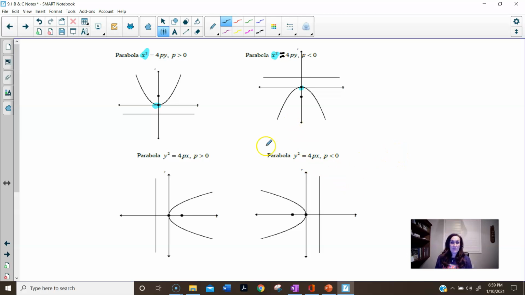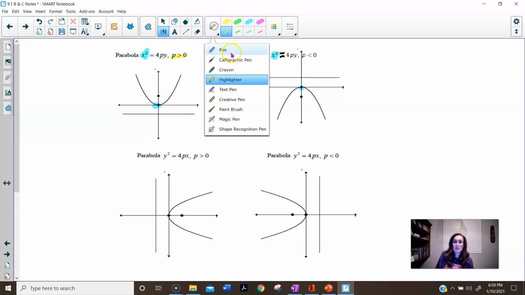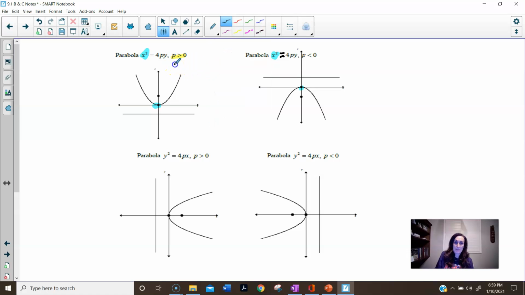Now, if p is positive, so see here, p is greater than 0, then the parabola is going to open up. And if p is negative, so here you can see it says p is less than 0, then the parabola is going to open down.